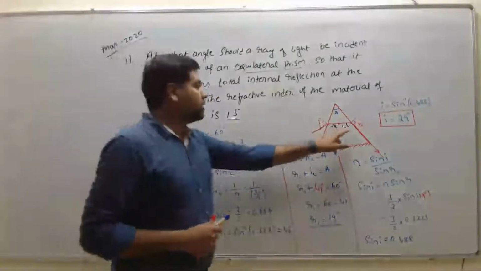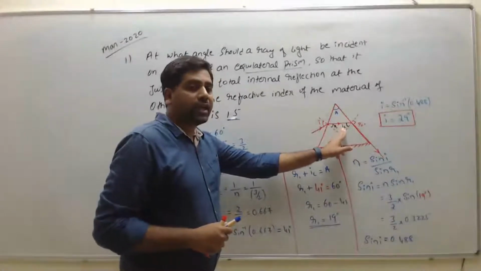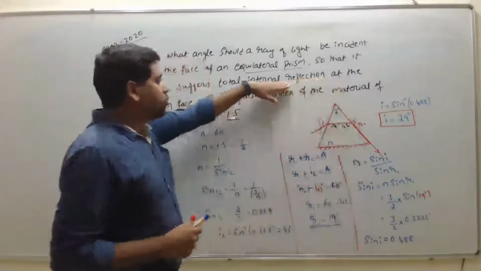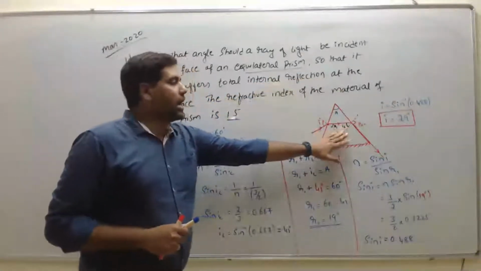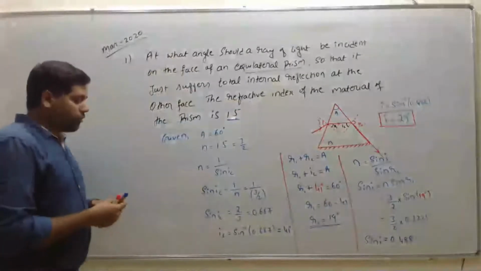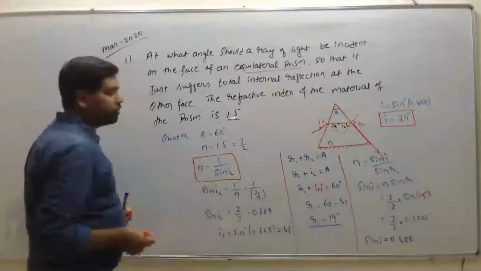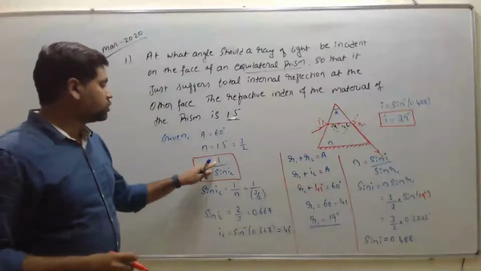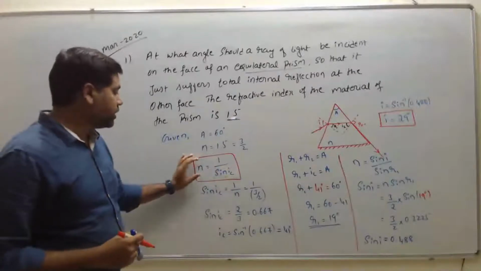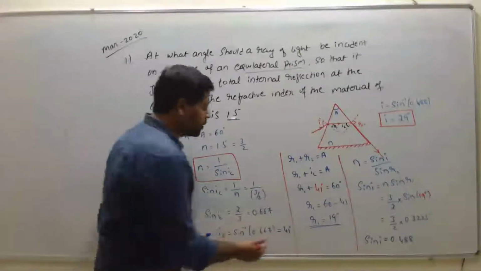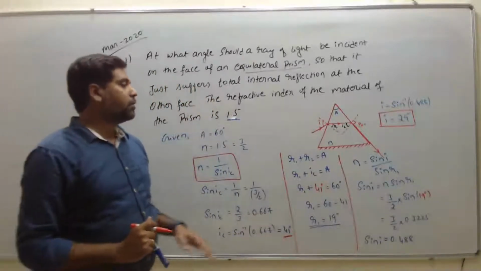First, we have to calculate the angle of incidence on the second phase, that is the critical angle, because here total internal reflection takes place. That's why we are taking the critical angle. We know the relation between critical angle and the refractive index: n is equal to 1 divided by sin c. From this relation we calculate the critical angle, that one is 41 degrees.